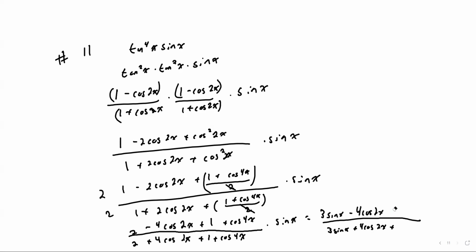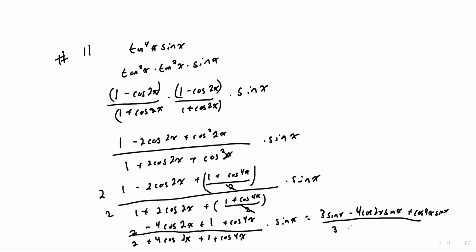See, again, that just makes it seem like it expands too much. Anyways, so this would be sine x here plus cosine 4x sine x. And then this would be sine, oh no, I won't need it on the bottom. That's what I was looking at. I just gotta multiply it to the top.